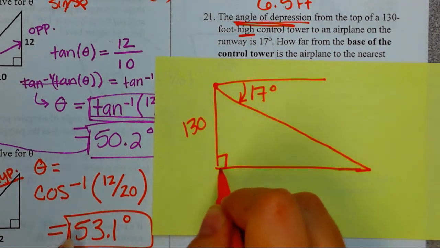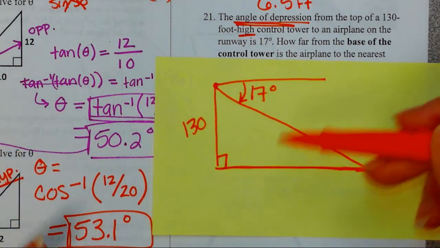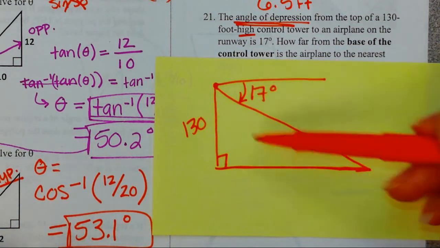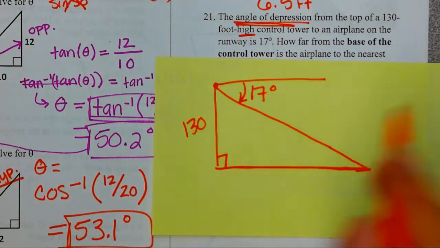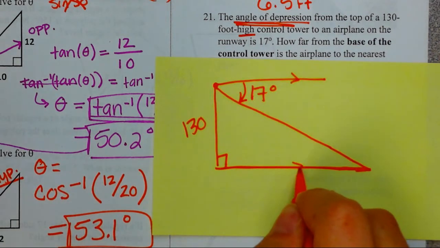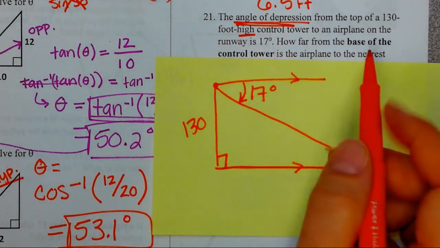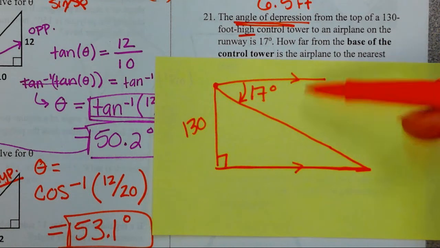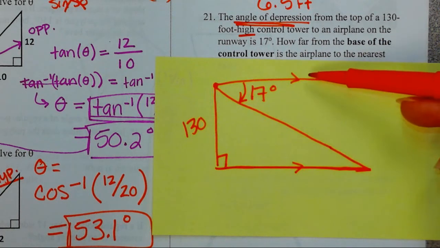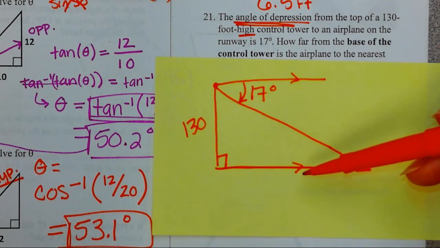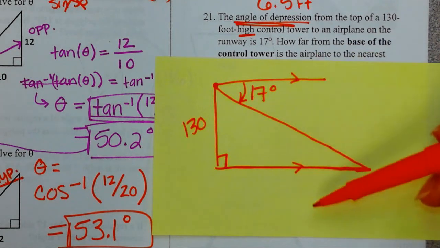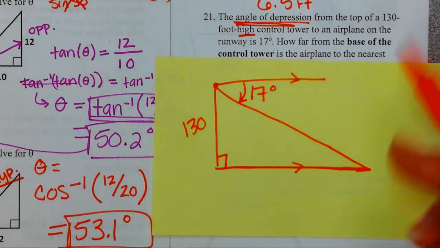Okay. So here's our triangle. Problem: the angle is outside of the triangle. However, okay, in these angle of depression or angle of elevation kind of problems, your horizontal line of sight is parallel with the ground, or the other horizontal line of sight. Okay?